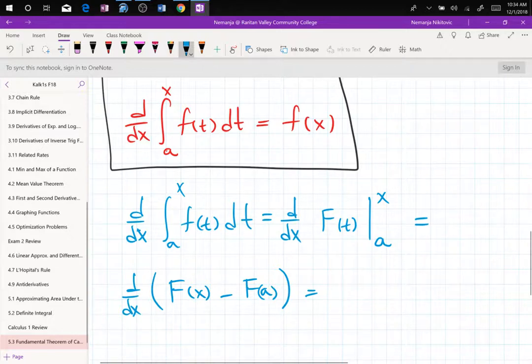When you take the derivative with respect to x, you get f of x minus 0, which is just f of x, because F of a is a constant, it's a number. The derivative of that number is simply 0. So this is actually a proof that works. If you take the derivative of the integral, they cancel each other out, which is why anytime you integrate, you can use the derivative to check your answer, which is amazing.